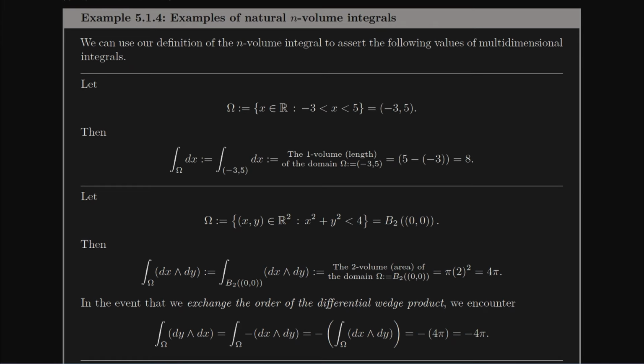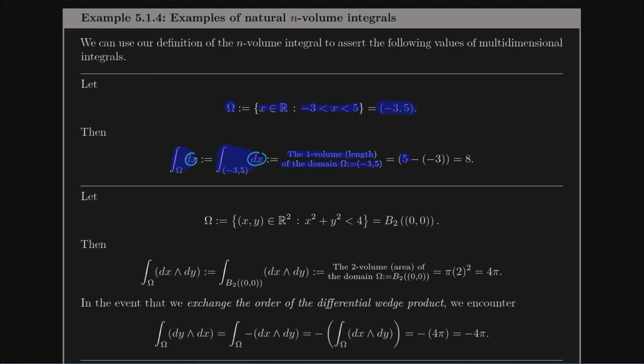So let's look at some examples of cases where we can actually just compute these volumes using geometry instead of necessarily calculus. So here I have a domain omega, which is defined to be the x values in R1, right, one-dimensional space, where x values are between -3 and 5, or in other words, this is the open interval from -3 to 5, and I'm defining this integral, because it's just a dx here, and that's properly ordered, I didn't really have a choice how to order that one, just dx, we're going to define it to be the one volume, or equivalently the length of the domain -3 to 5, which we know how to compute lengths.